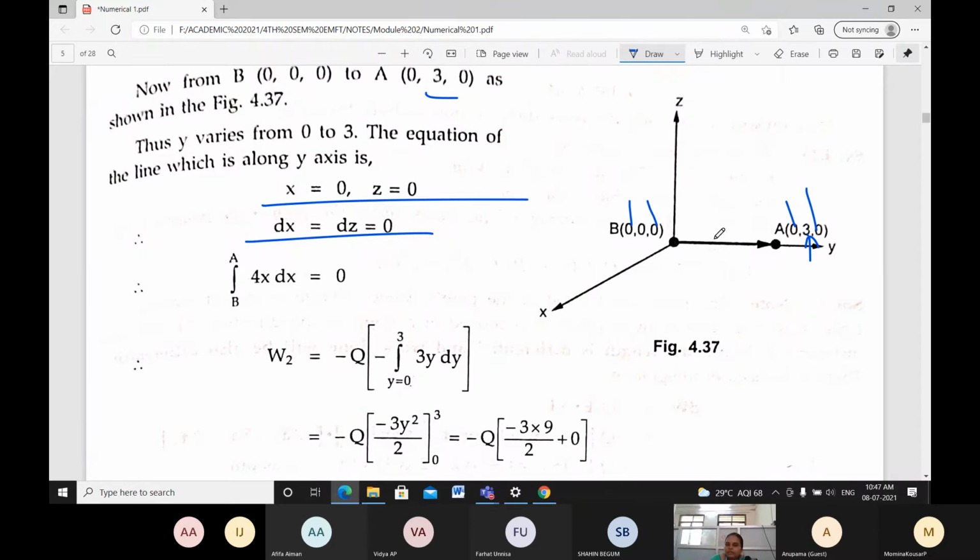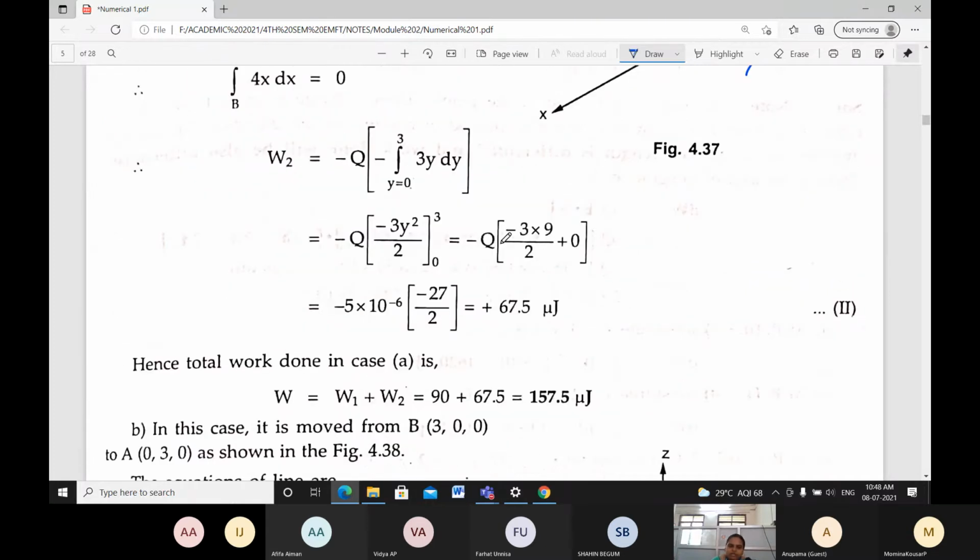The remaining is of what? And again x is 0, so the integration of 4x dx is also going to be 0. Therefore W2 is going to be minus q times the integration from 0 to 3 of 3y dy. Observe here it's not from 3 to 0, it is from 0 to 3. Then go for integration, apply the limit. Just go for solving, and you will get plus 67.5 microjoules.